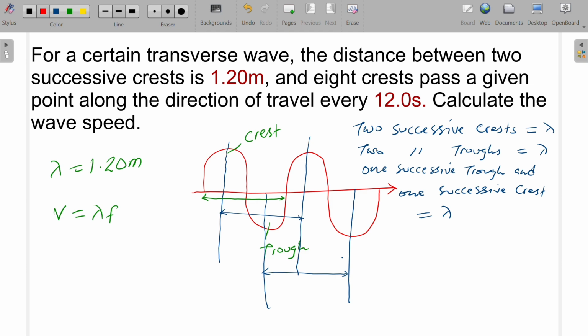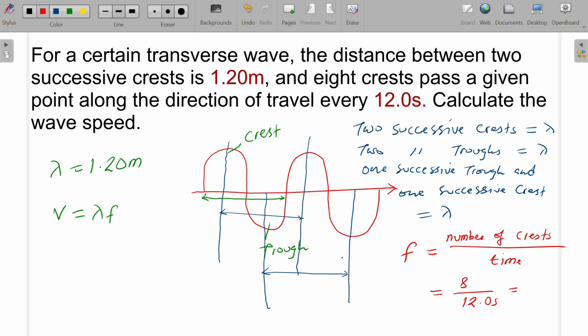So the frequency is equal to the number of crests divided by time, per unit time. We have 8 crests passing every 12.0 seconds.